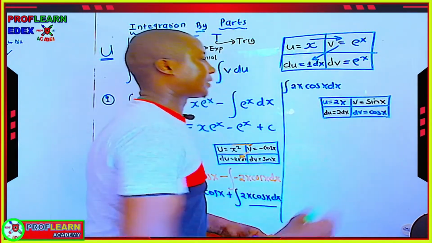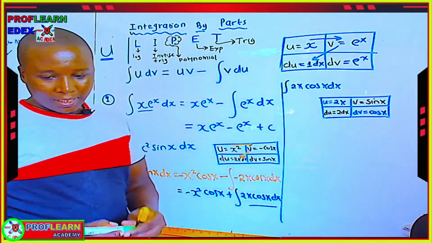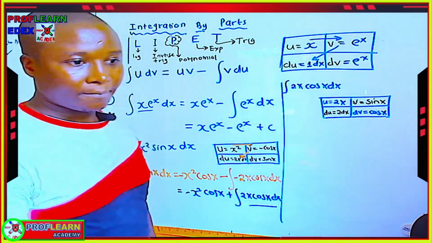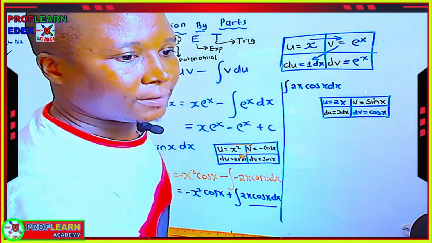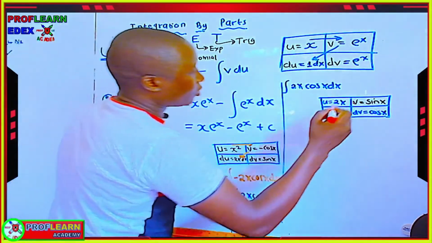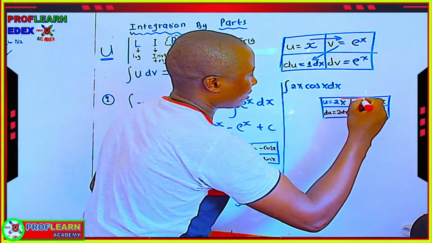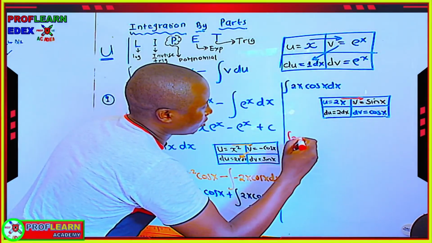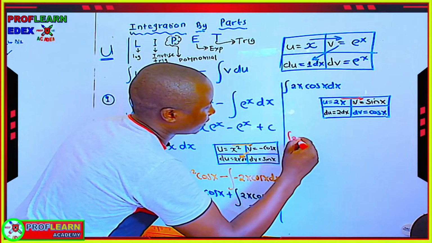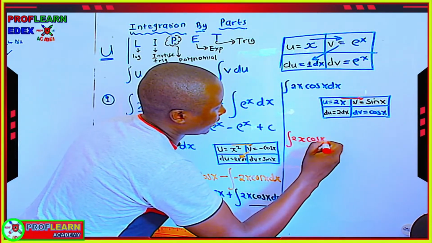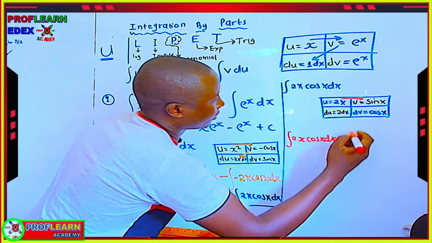and integrating this, we are going to get our v being equivalent to sine x. Then normally when we are doing that, we are going to multiply across like that, and now our integral, which is 2x cos x dx, will become what?